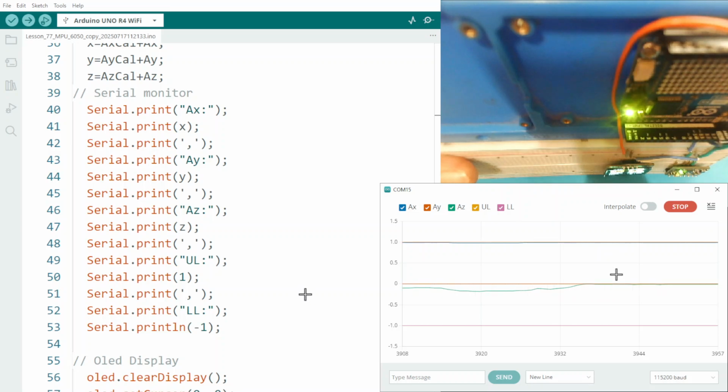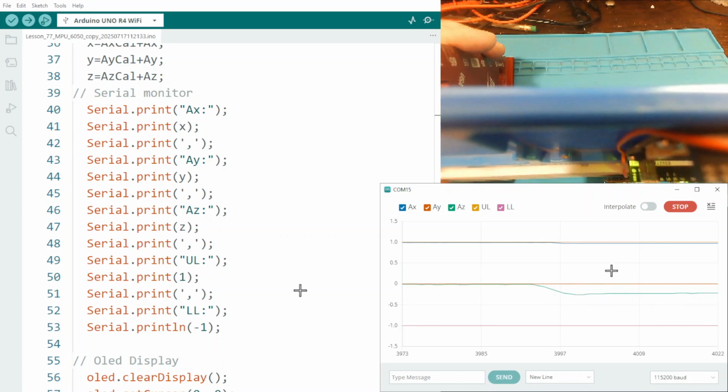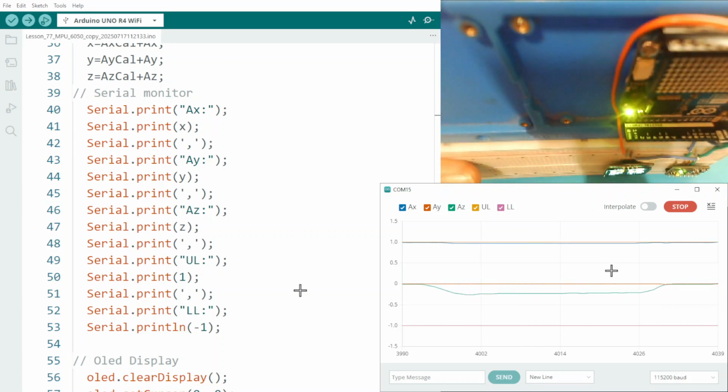Green, red, and blue. Okay, blue's up at the top. Blue is X. X now is at 1 because I have it set vertically at 90 degrees. You can see it in the video, and you can also see it on the plot.